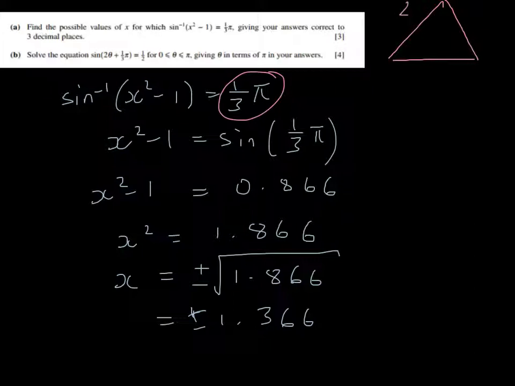And if each side of that equilateral triangle was 2, like that, then I could split it down the middle to make 2 right-angled triangles. If I take the left-hand right-angled triangle, for example, then the hypotenuse would be 2. The base would be 1 because half of 2 is 1. And this angle we know is 60 degrees here, which is the same as pi over 3, or a third of pi.